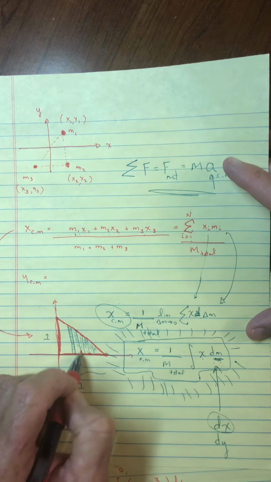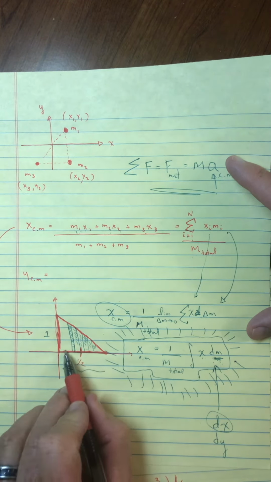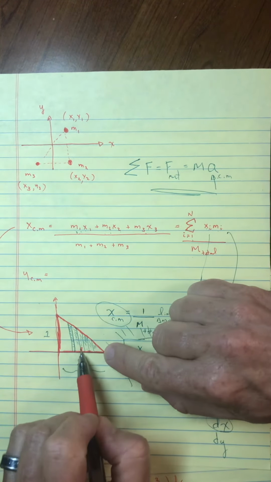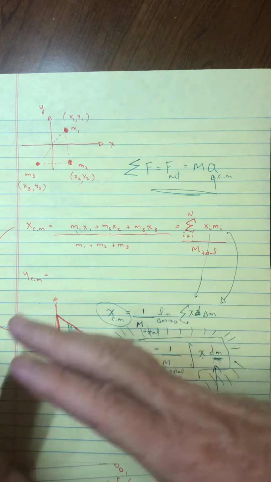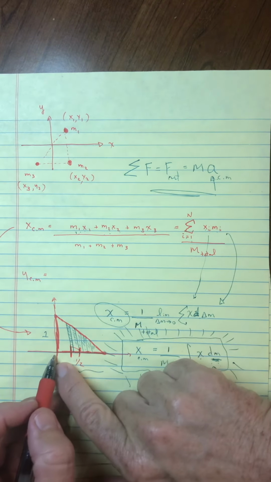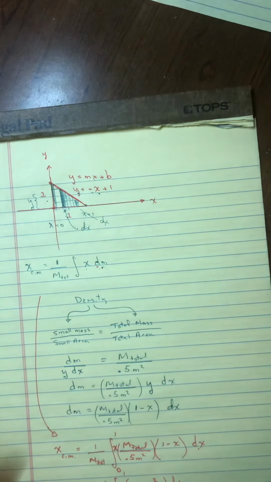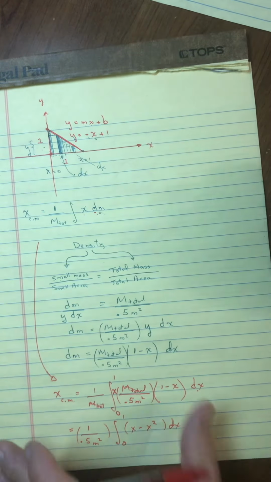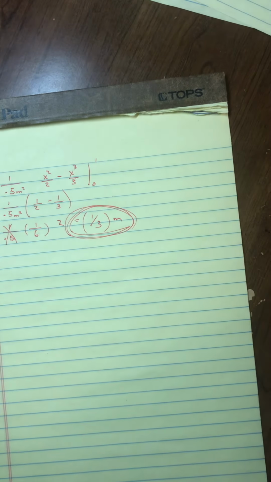So the center of the object being at 1/2, we can see that there is more mass to the left than to the right. So we expect the center of mass to be a little to the left of this 1/2, obviously greater than 0. So we expect it to be between 0 and 1/2, and sure enough, we come up with 1/3. That seems very reasonable.